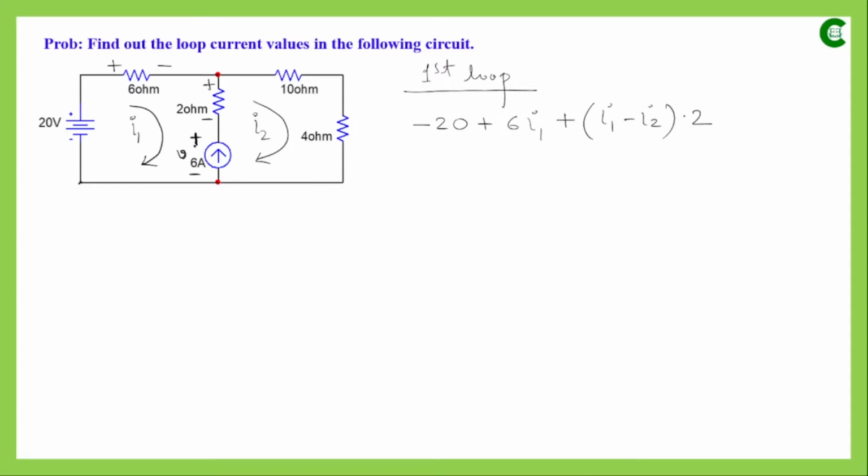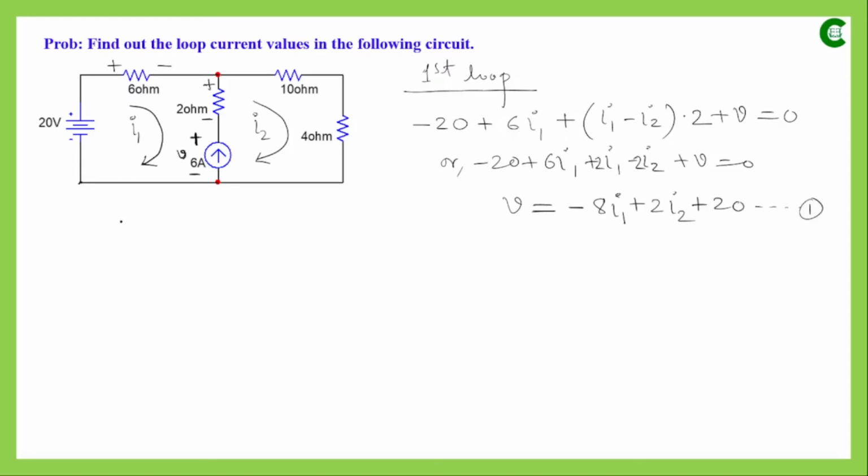Again we have the voltage V across this current source; this is positive, this is negative, so it will be taken as plus V, and that will be equal to 0. What we can write is 6I1 plus 2I1, which is 8I1, and if we take it to the other side, it becomes minus 8I1.